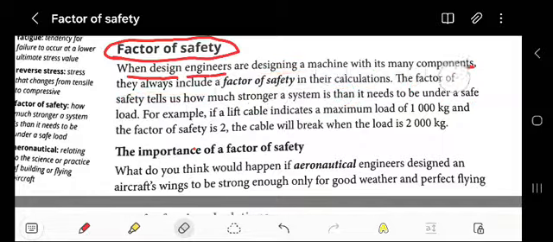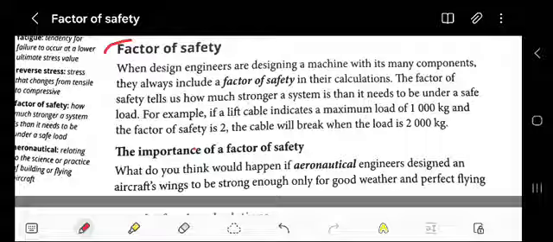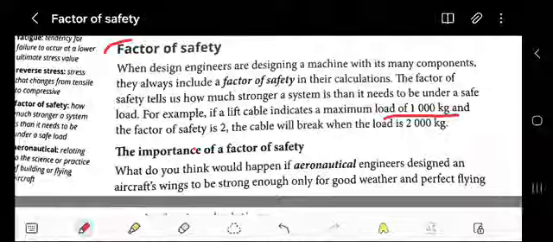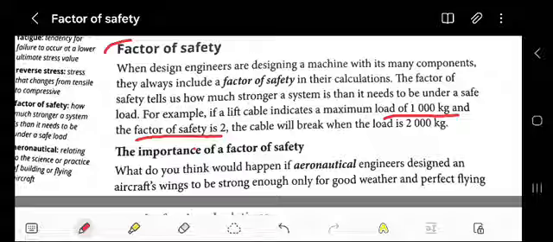So for an example, if a cable indicates a maximum load and the factor of safety is 2, the cable will break when the load is that value multiplied by the factor of safety, 2. Usually you double it.